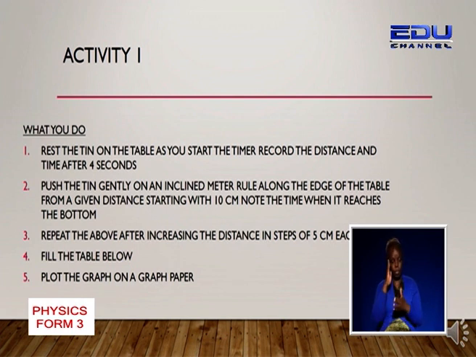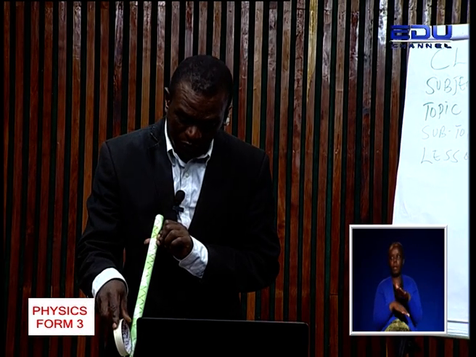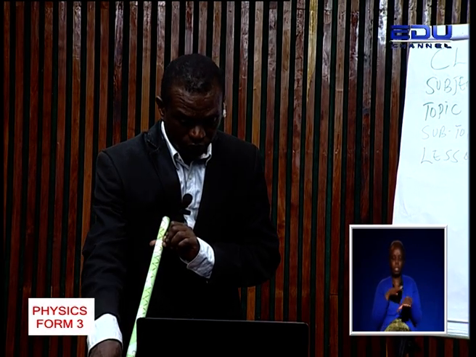Now push the tin or the toy car on an inclined meter rule along the edge of the table from a given distance, starting with 10 centimeters from the bottom, and let it roll down.